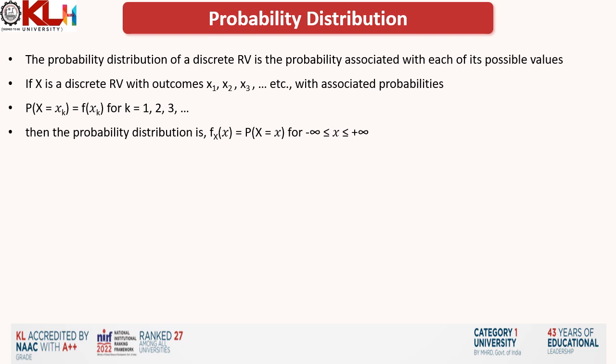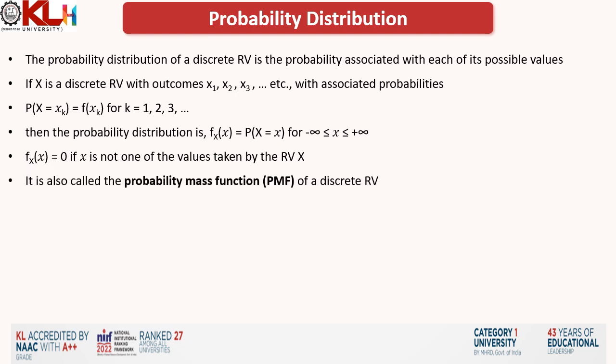And small x can be anything between minus infinity to plus infinity. And if small x is not one of the values that the random variable capital X can take, then the probability is 0, so fX of x is 0.